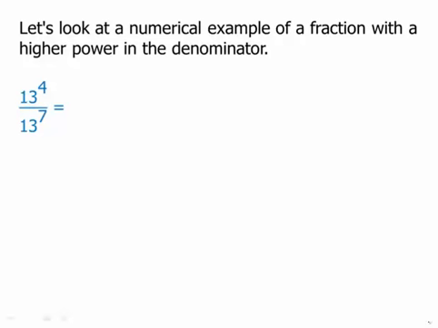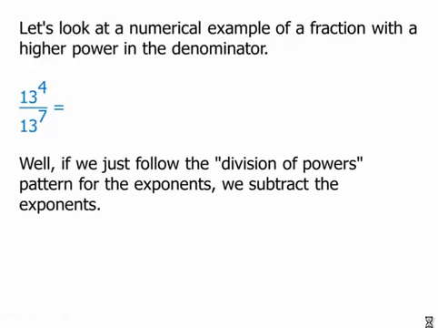So, for example, suppose we had 13 to the 4 divided by 13 to the 7. Well, the power in the denominator is clearly a larger power. If we just follow the division of powers pattern for exponents, of course that tells us to subtract the exponents, we'd get 13 to the 4 minus 7, or 13 to the negative 3.